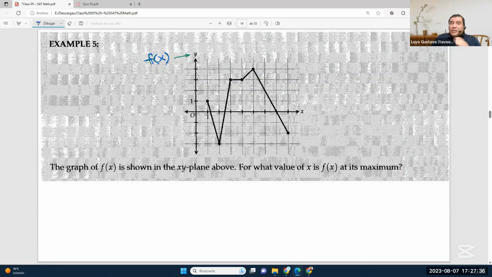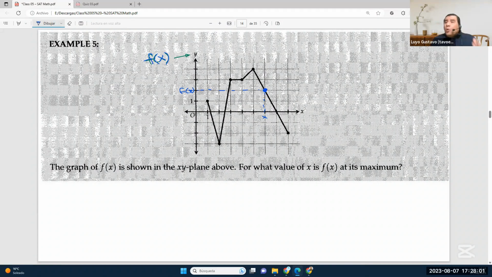In other words, any point on this curve, for example this point, represents with its coordinates one value of x and the other the value of f of x, the output of the function. So here they tell you the graph of f of x is shown in the xy plane above.